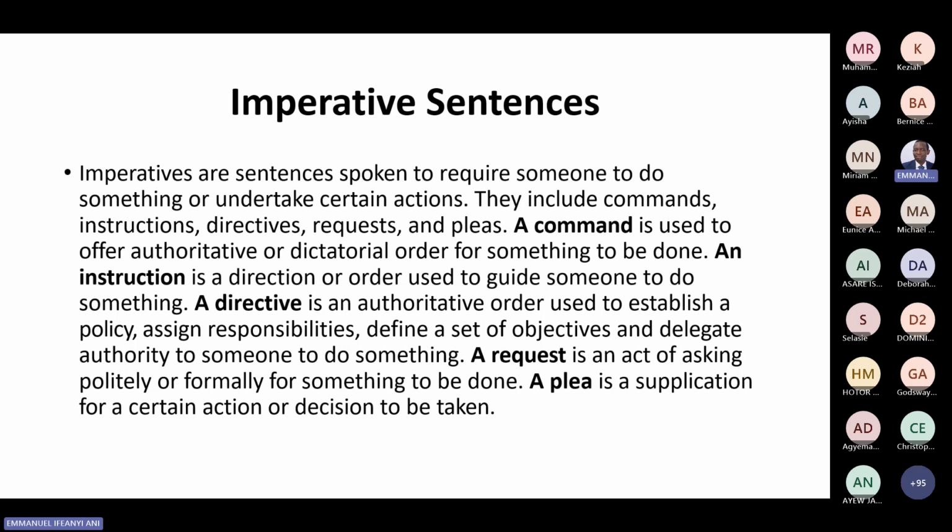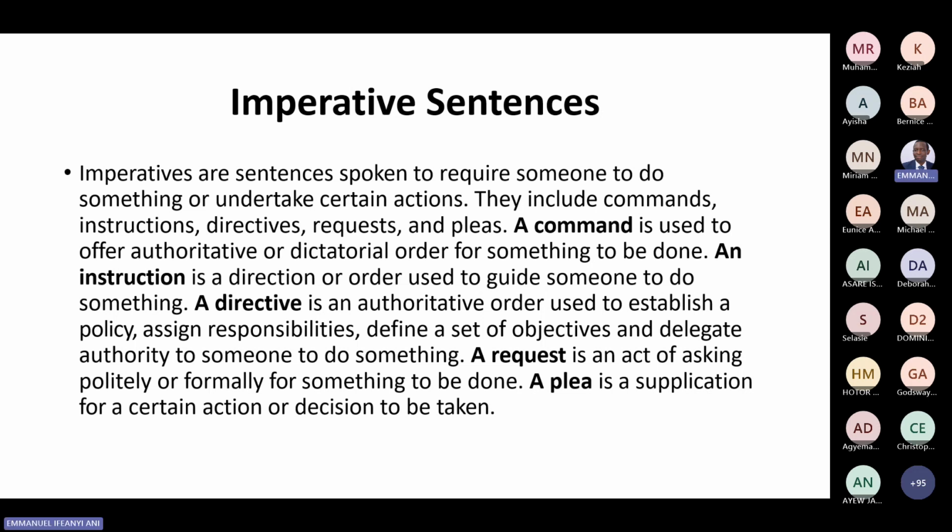A request is an act of asking politely or formally for something to be done. A plea is a supplication for a certain action or decision to be taken. A supplication, that's a plea. So these are different forms of imperatives.